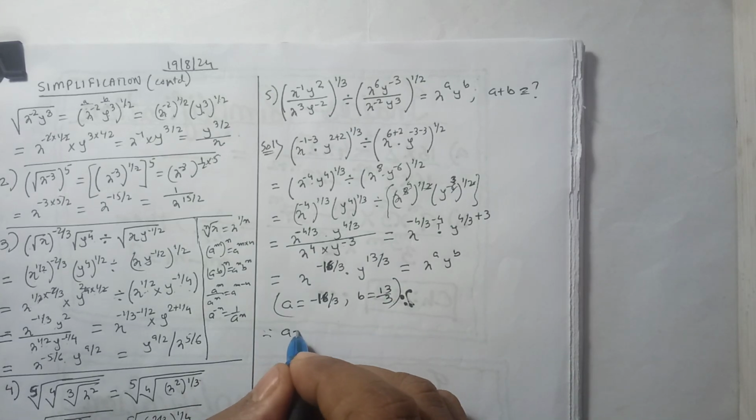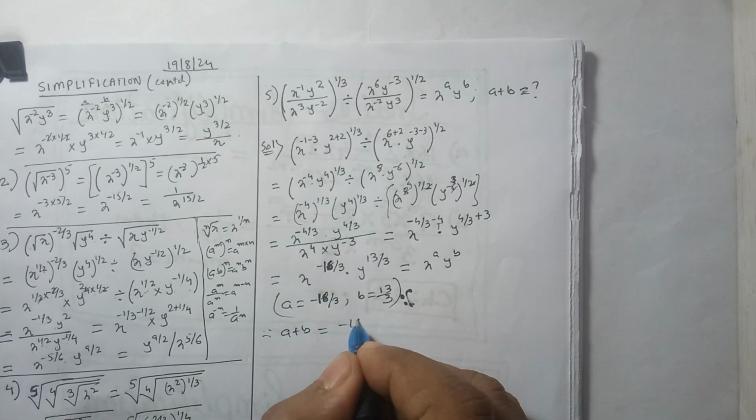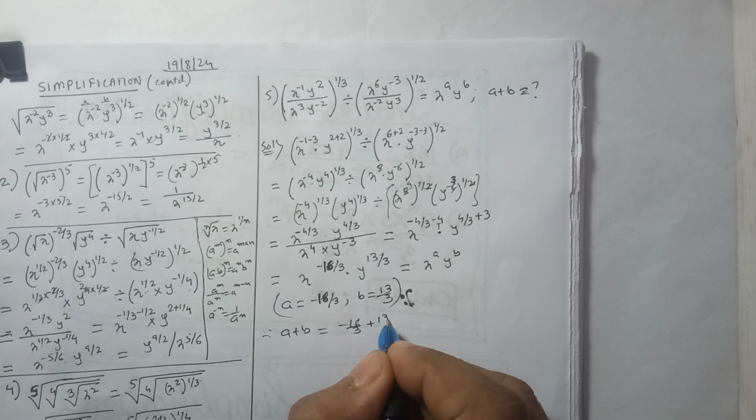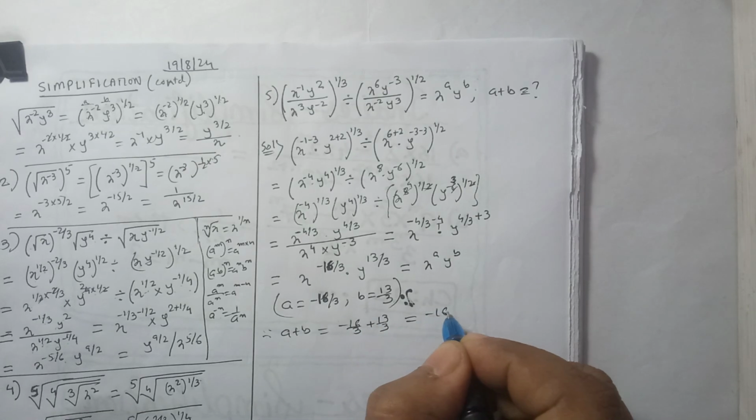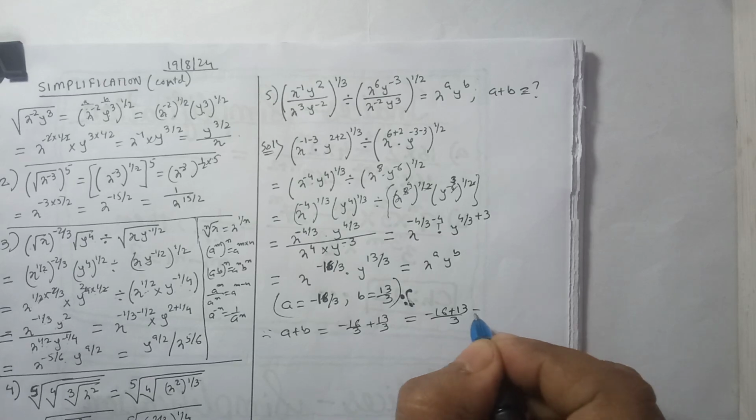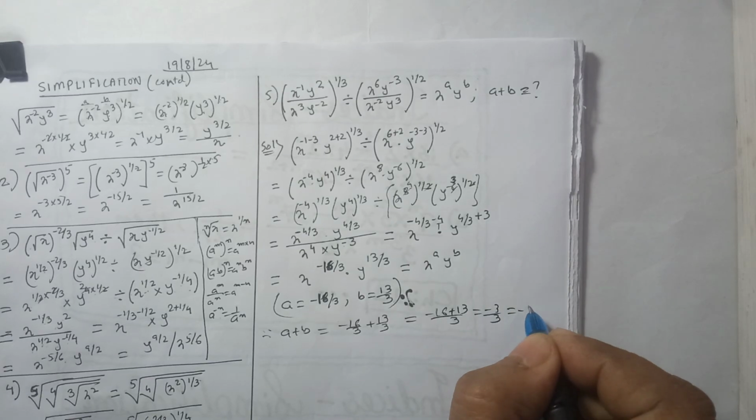Therefore a plus b is equal to minus 16 by 3 plus 13 by 3, is minus 16 plus 13 by 3, minus 1.